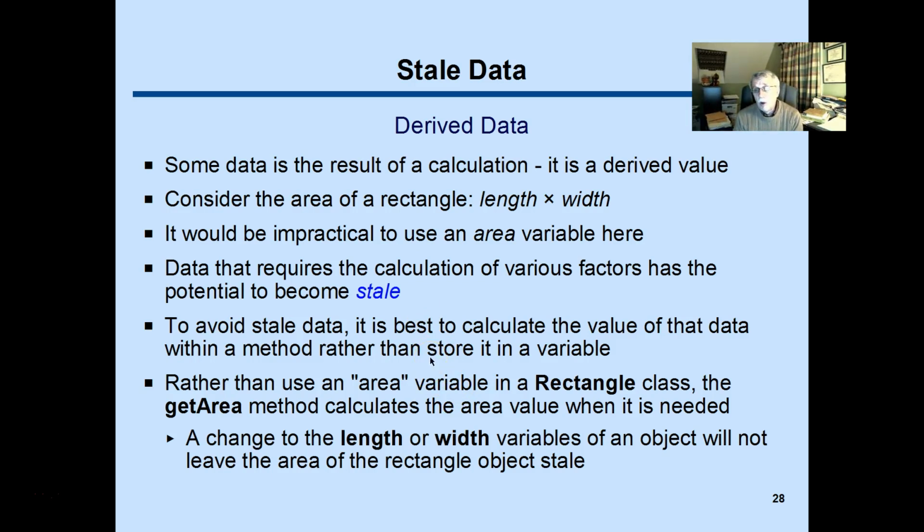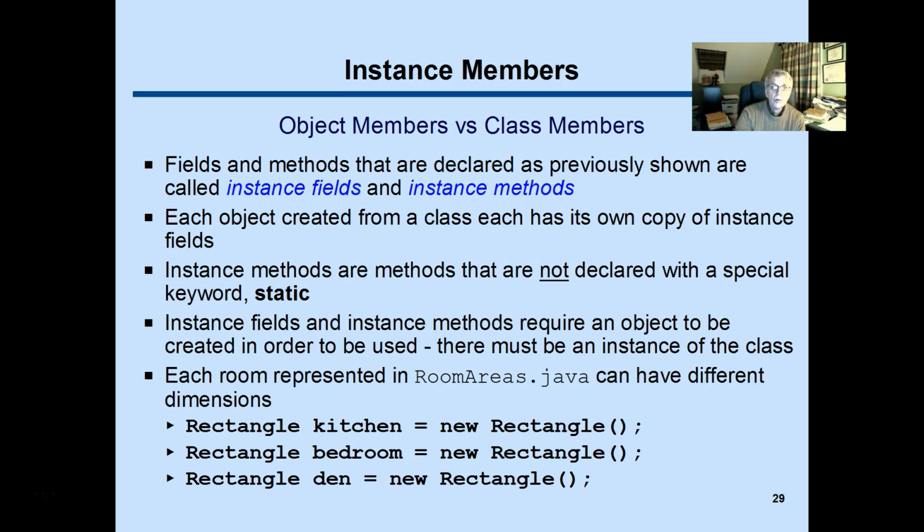Maybe the example with rectangle is not the best to stress that point, but it does get across the idea that the values could become outdated or stale. It's something we have to consider when we design the classes and decide which methods to create and how to define those methods, and also which attributes to create and whether they should be derived values or not.